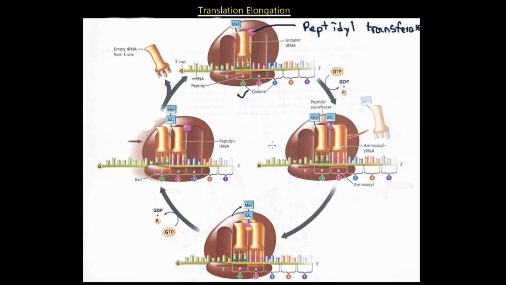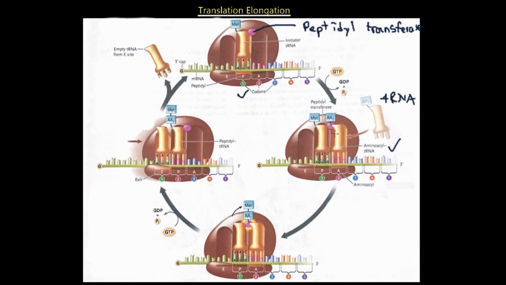Now, moving along, the ribosome gets the next codon in the A site, and that's the aminoacyl site. So that is where the next amino acid comes in and it binds. As you can see, that's the next tRNA coming in, and it binds to the aminoacyl site.